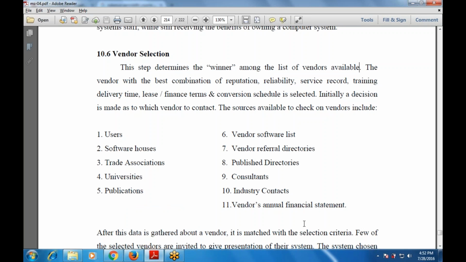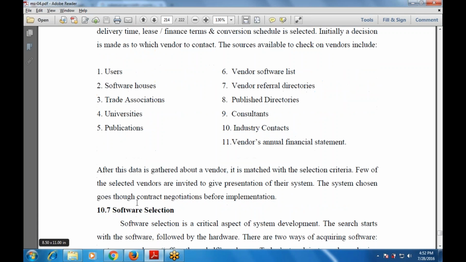These are the various vendor selection areas by which we can select the vendor that is suitable for the organization and the system.